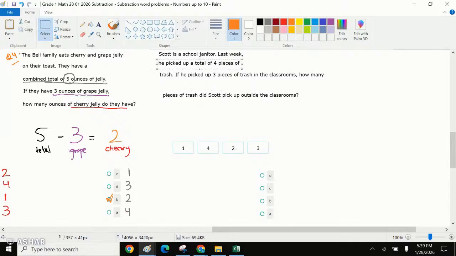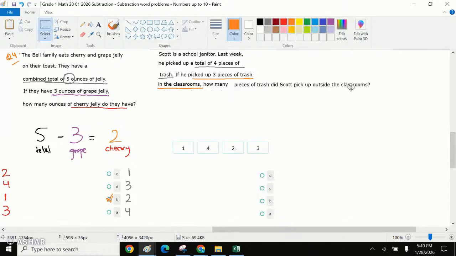He picked up, last week, 4 pieces of trash, right? 3 of those pieces of trash were in the classroom. A total of 4 pieces of trash. If he picked up 3 pieces of trash within the classroom, how many pieces of trash did Scott pick up outside the classroom?